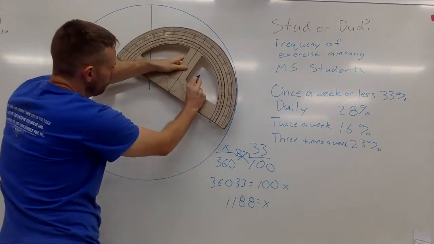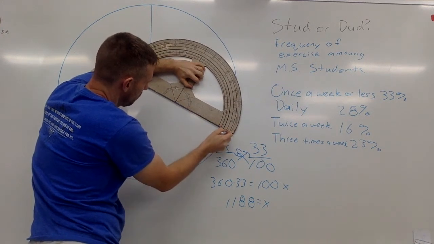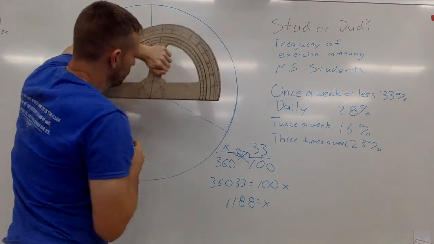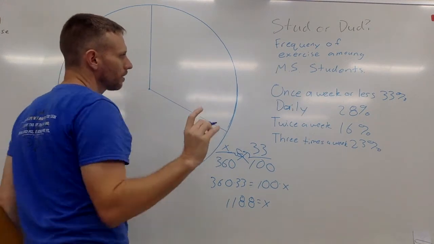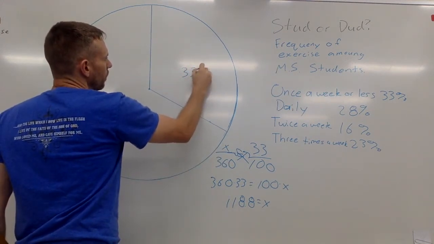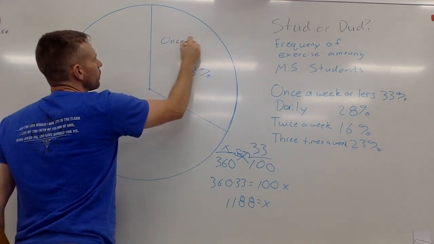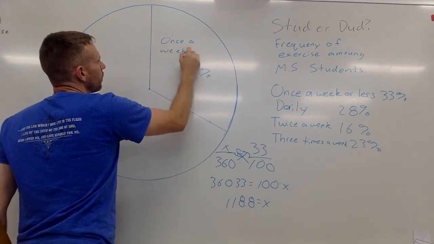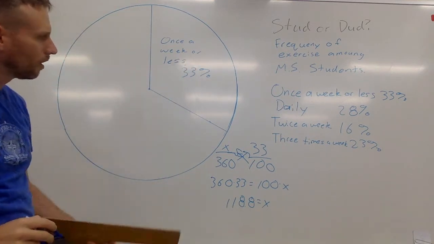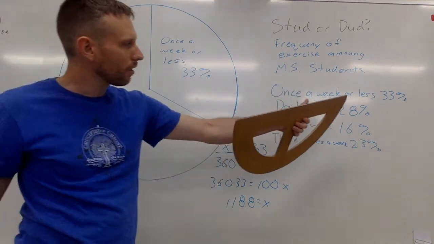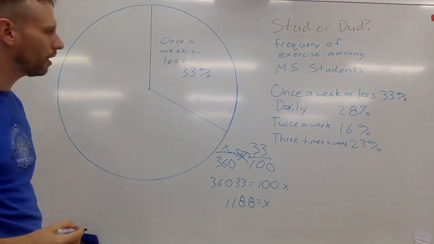So this would be 119 degrees. Then I'm going to label that inside, since it was in percentages, 33%, once a week or less. That way I've labeled my section. You also know that 33% is about 1/3, and if you check, it is about 1/3 of the total pie chart there.